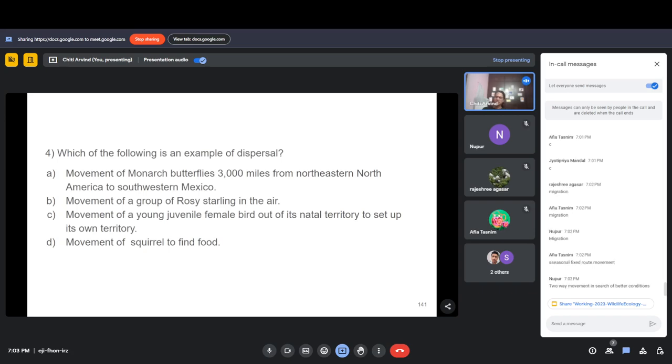Seasonal fixed route movement, right? Two-way movement in search of better conditions. Correct. Excellent. What is this movement of a group of rosy starling in the air known as? Any idea?